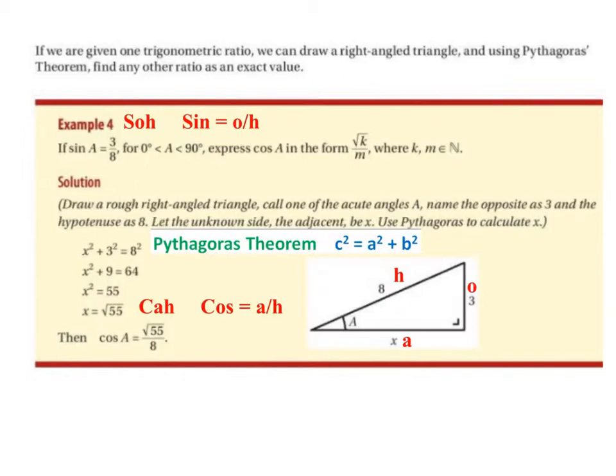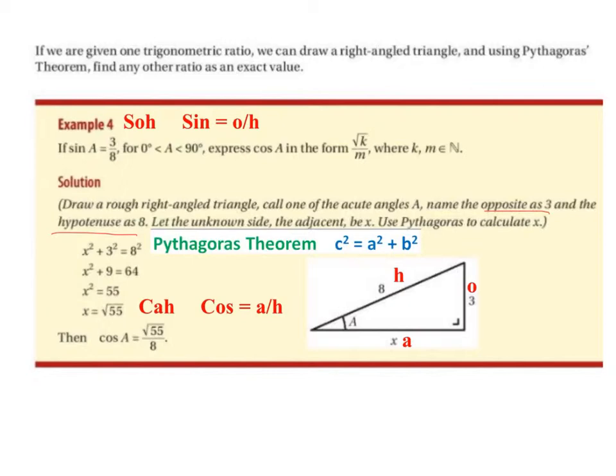And we are going to label the opposite as 3. So this is the angle, so this is the opposite. So we're going to label that as 3 and as O. And we're going to label the hypotenuse as 8. So the hypotenuse is the longest side, so we label that as 8 and H.